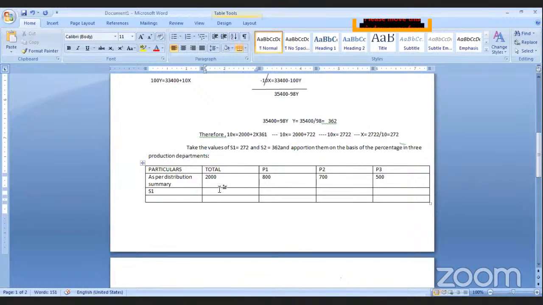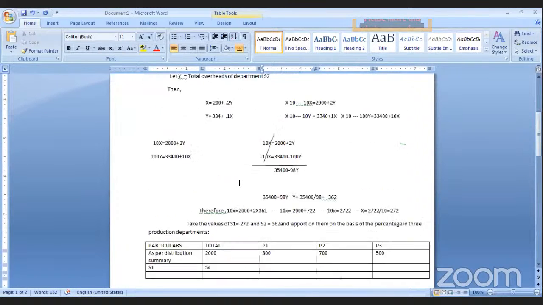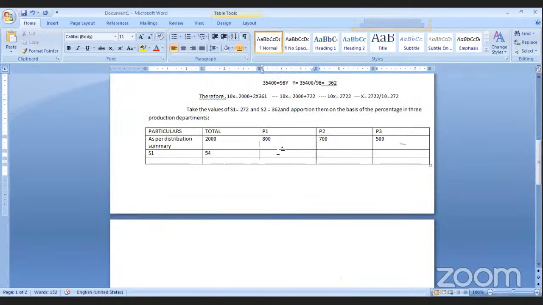How much will it be? You please calculate and tell me. 272 into 20%. How much? 54.4, sir. Okay, right, 54. Then the second one, 272 into 40%, means double of this. Yesterday I told you in our previous class. 108.8, sir.